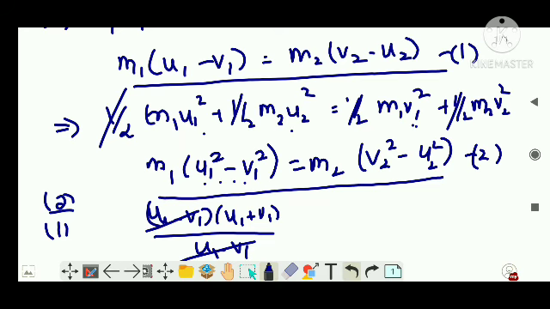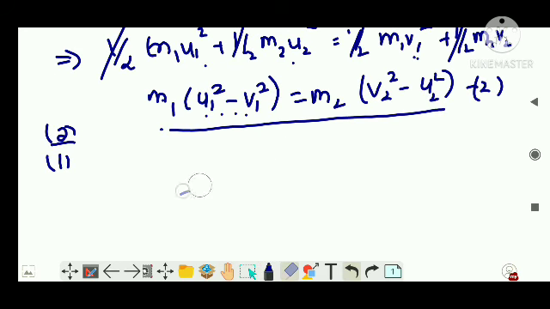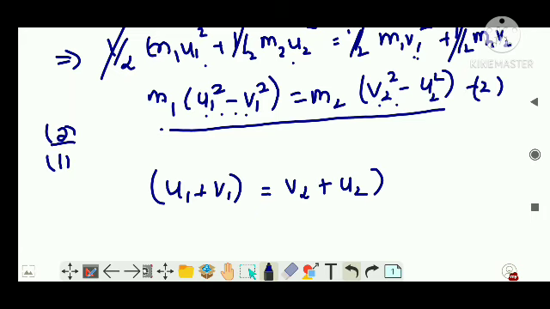I can cut this off. So dividing the second equation by the first equation, I can write u1 plus v1 is equal to v2 minus u2 into v2 plus u2 over v2 minus u2, which gives you an expression like this, right?